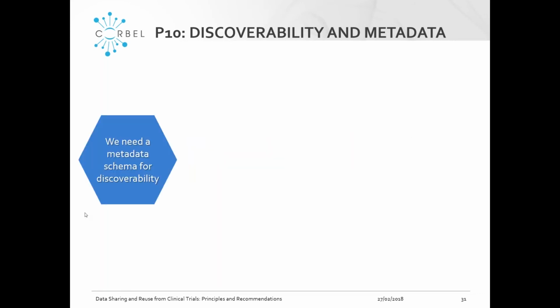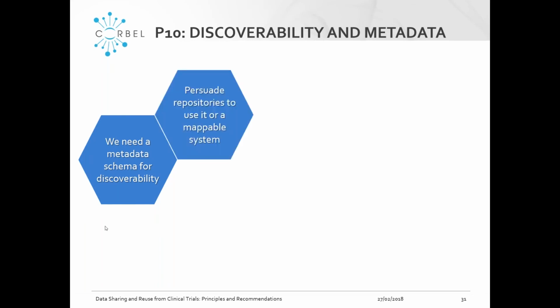So first of all, you need the metadata schema, and we have been working on one for clinical research data objects in ECRIN, but we now need to complete that work. We need to persuade repositories and others to use that metadata schema, or at least a version of a schema that can be mapped onto it, so that the metadata becomes widely available from different repositories.